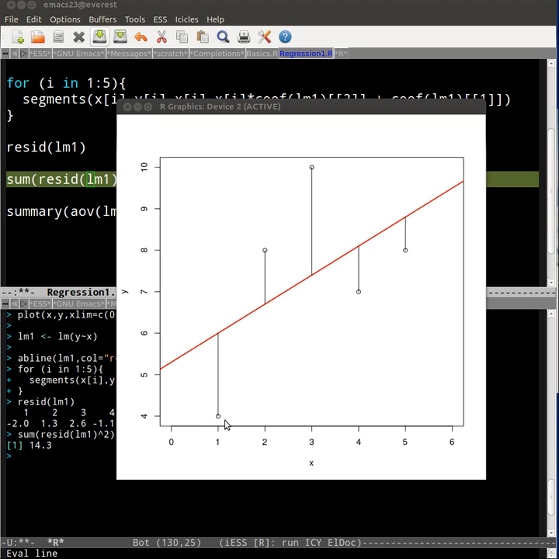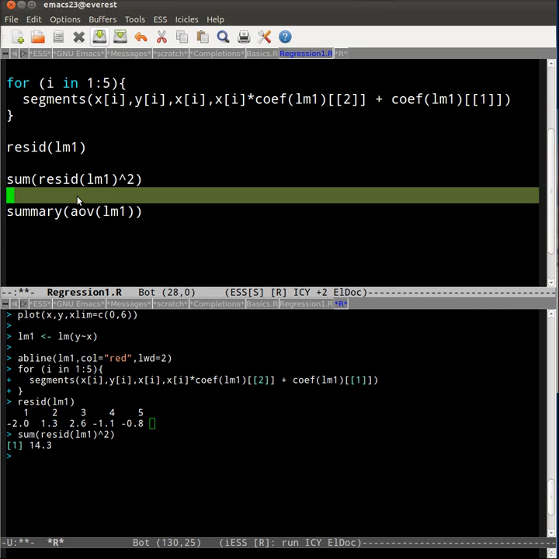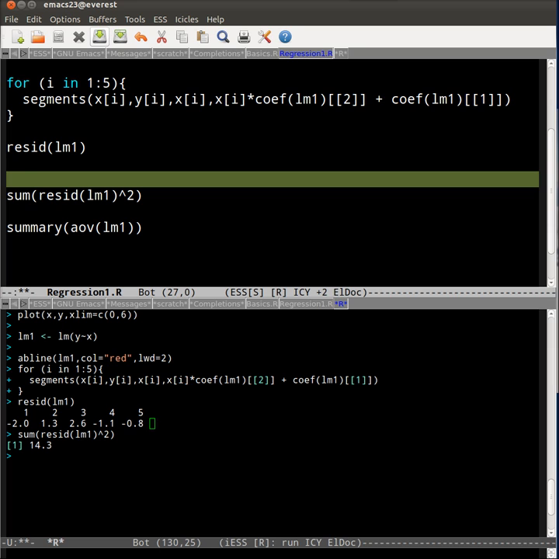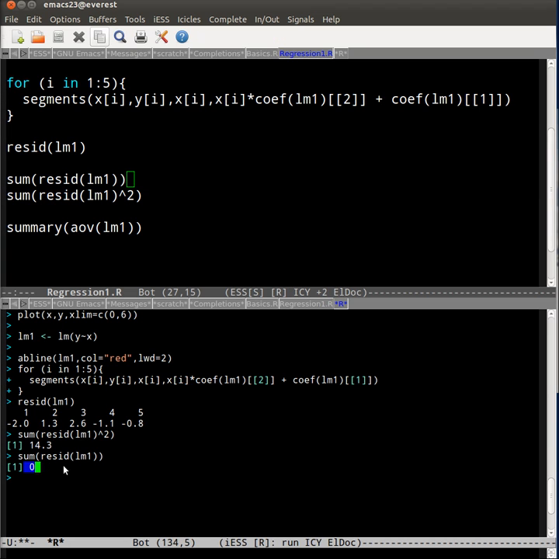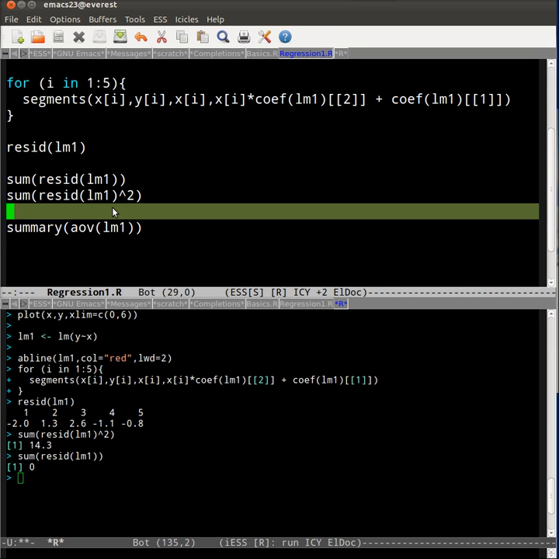Now why do we square them? Because there are going to be some positive values and some negative values. If we don't square them and I just do a sum of the residuals of LM, we know that the sum is equal to 0 right here. So the sum of the residuals is equal to 0. So you can't minimize that. It is at a minimum. It's at 0.